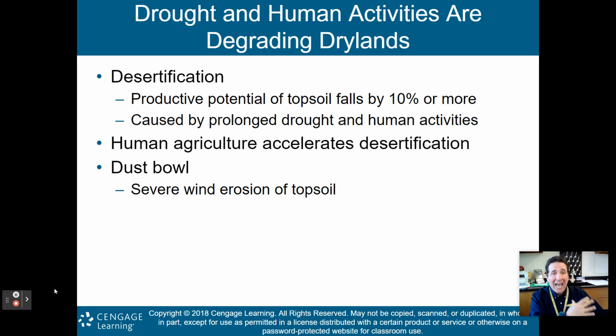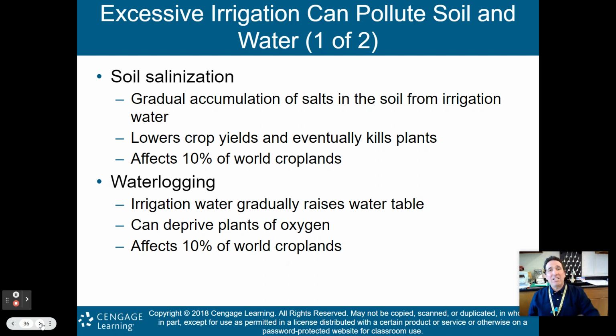And human agriculture accelerates desertification because it accelerates the erosion of the topsoil, which then leads to this desert type environment. That's what happened during the Dust Bowl in the early 1900s. We had severe wind erosion of that topsoil, which basically made much of the Midwest into a desert, which wasn't suitable for growing crops, and we didn't have a lot of crop yield during the years of the Dust Bowl.